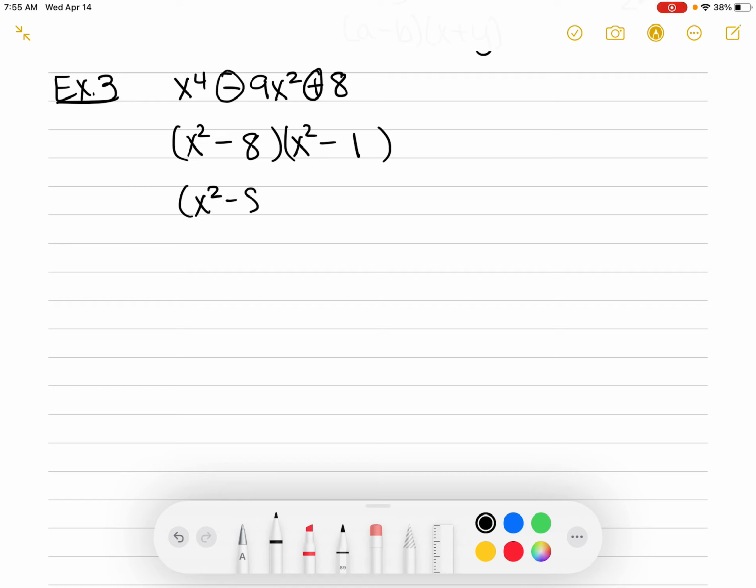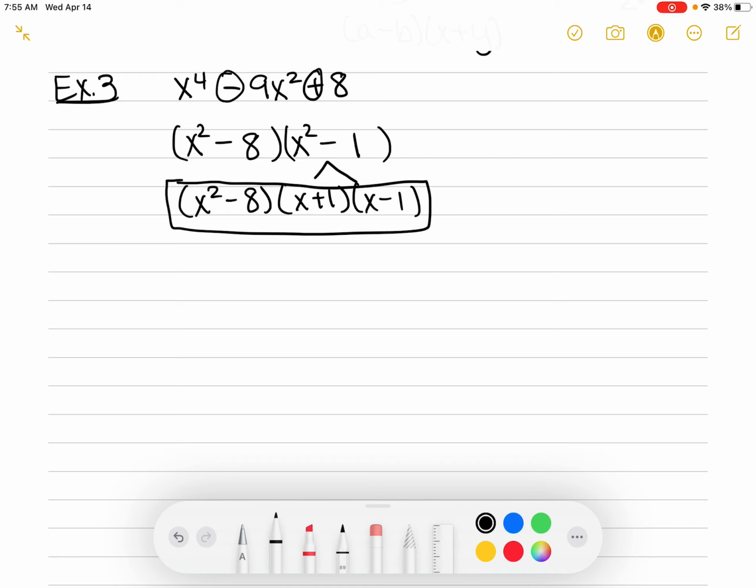So I have x squared minus 8 times x plus 1, x minus 1. So see how I did this factoring right here? You cannot leave something not factored when it needs to be factored. And the most common one that kids miss is difference of squares. Okay, so make sure that you look for those.